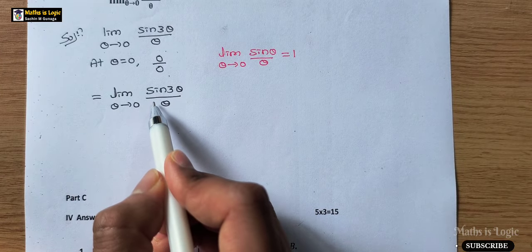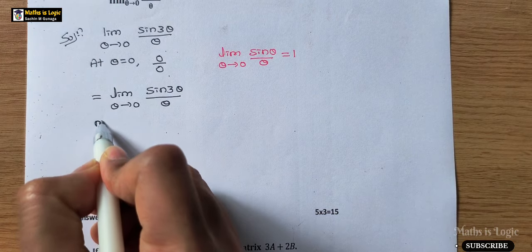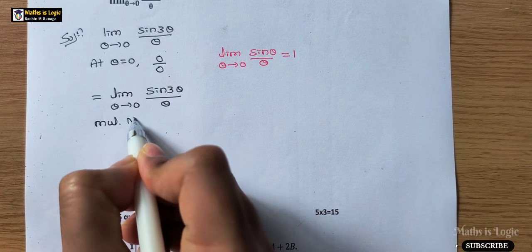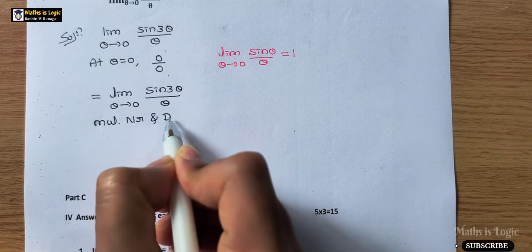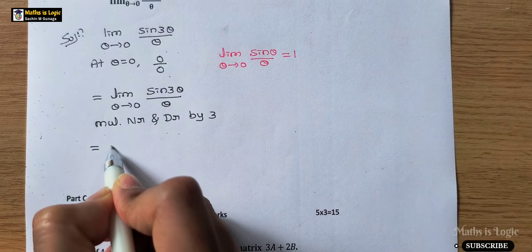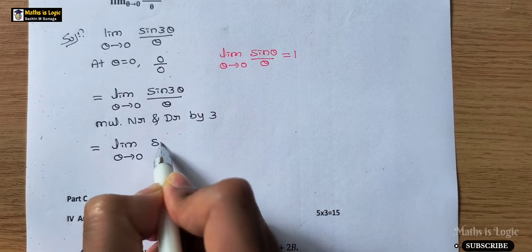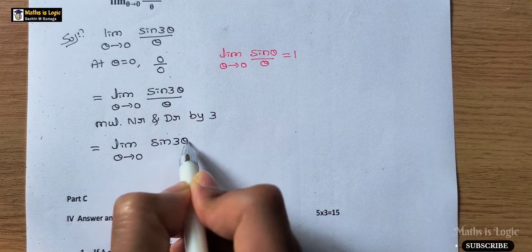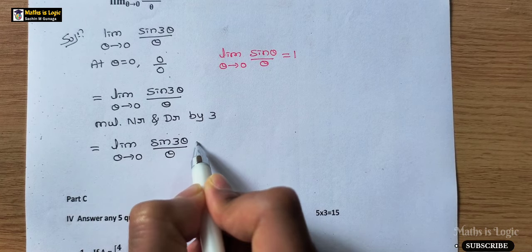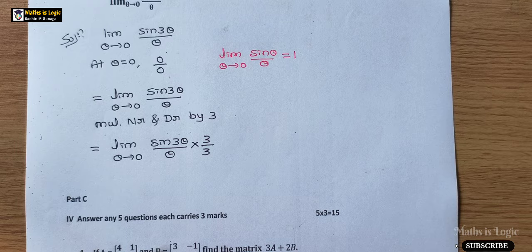So to make denominator as 3 theta, what we need to do in the next step, multiply numerator as well as denominator by 3. So which is equals to limit theta approaches to 0 sine 3 theta, keep it as it is, divided by theta also keep it as it is, multiply numerator and denominator by 3.